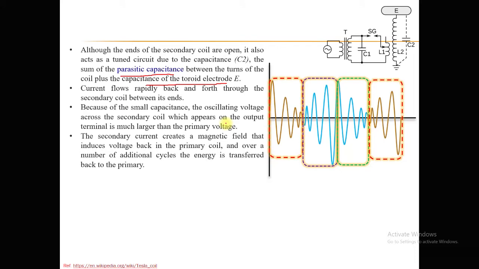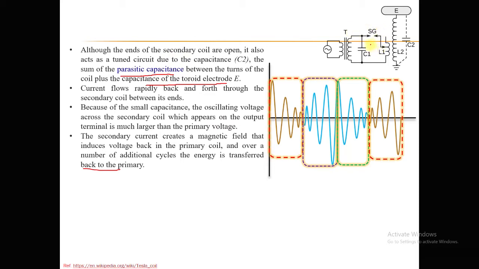The secondary current creates a magnetic field that induces voltage back in the primary coil, as I have already discussed, and over a number of additional cycles the energy is transferred back to the primary. Successively these processes continue until the voltage across this sphere gap becomes lower than its breakdown voltage.